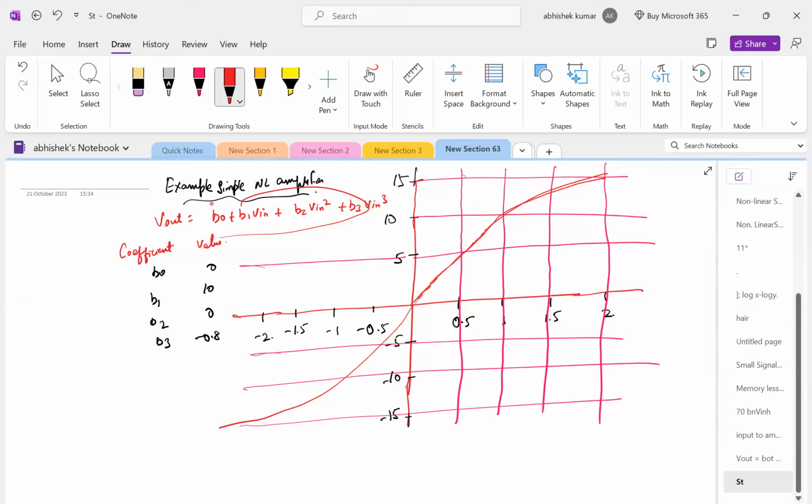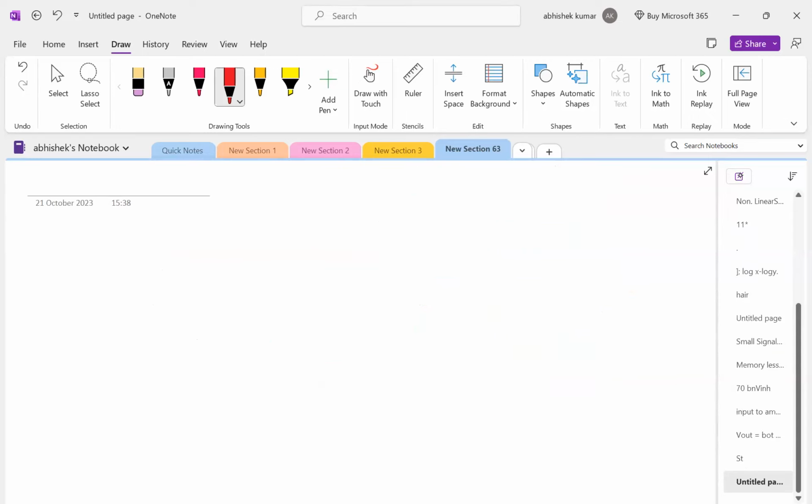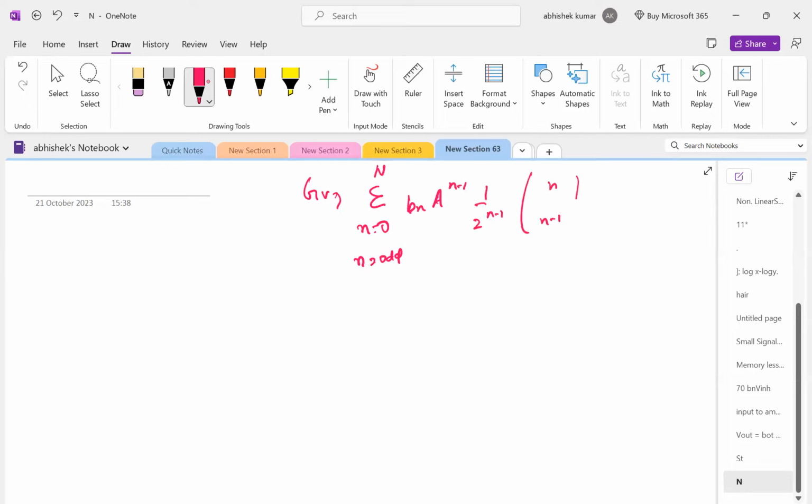We can see another case, assuming our amplifier is followed by a band pass filter and the input is sinusoidal, then we will have a gain. Hence, here we will have a third order amplifier, that is n equal to 3. We observe that we have a gain in our system for n equal to odd, and the gain is bn A raised to n minus 1.